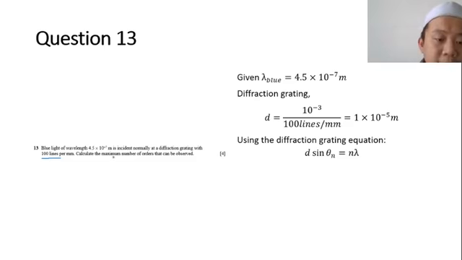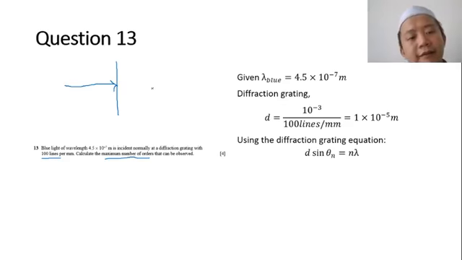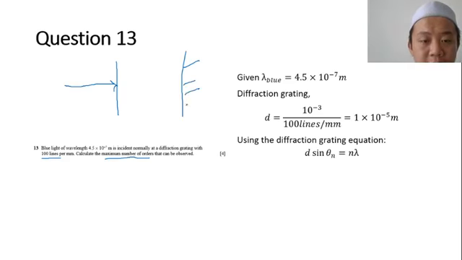Okay. Maximum number of orders. So if you can review the concept of diffraction grating kat sini kan. Let's say this is your screen lah and you have your fringes kat sini.